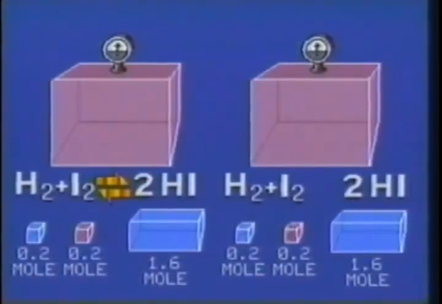Almost. The amounts of the ingredients have not changed, but there is now a significant amount of radioactive iodine combined in the hydrogen iodide. Clear evidence that equilibrium is dynamic. There is a forward and a reverse reaction, continually exchanging atoms from molecule to molecule.